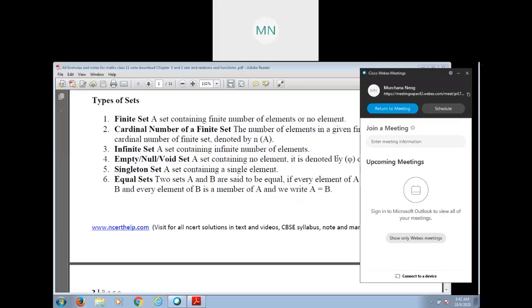Suppose A is a set that contains the elements 1, 2, 3, 4, 5. Now tell me, what is the cardinality of A?